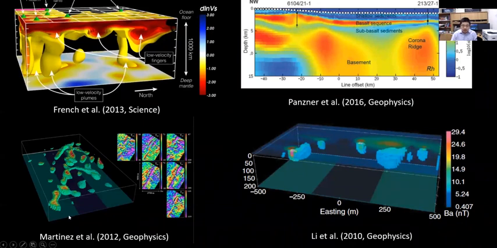In this example, the authors inverted airborne gravity gradiometry data, shown here, and obtained a distribution of density anomalies in the subsurface, which helps them identify potential iron targets. And in this example on the lower right-hand side, the authors inverted magnetic data and were able to recover all these anomalous bodies, which correspond to kimberlites.